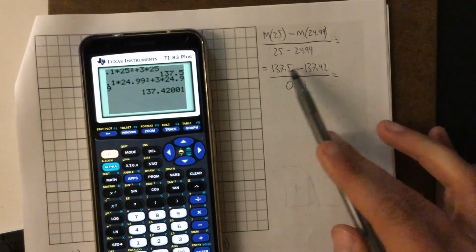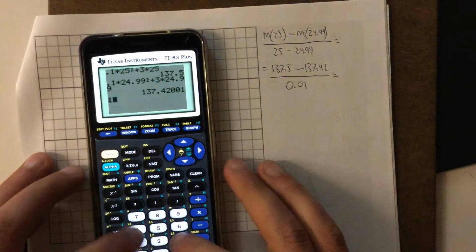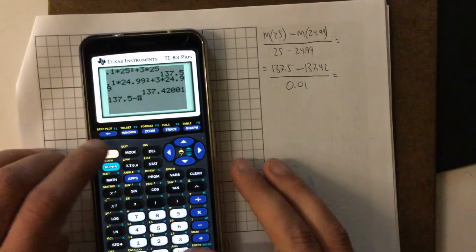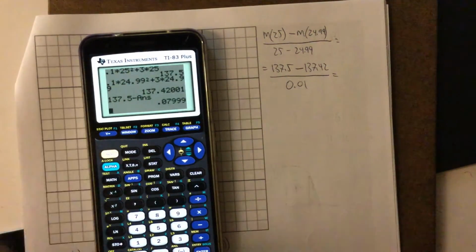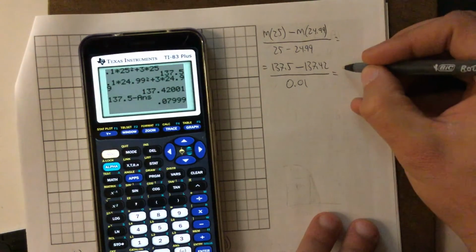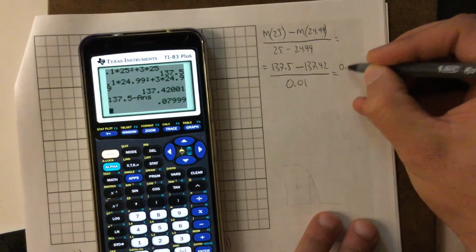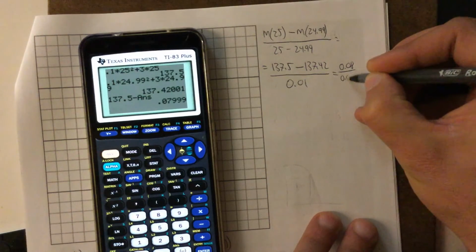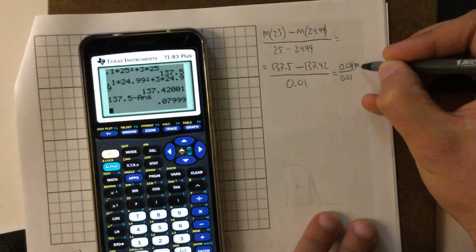Then if we do 137.5 minus that number, the answer is going to be 0.08. And that's, of course, in meters per second.